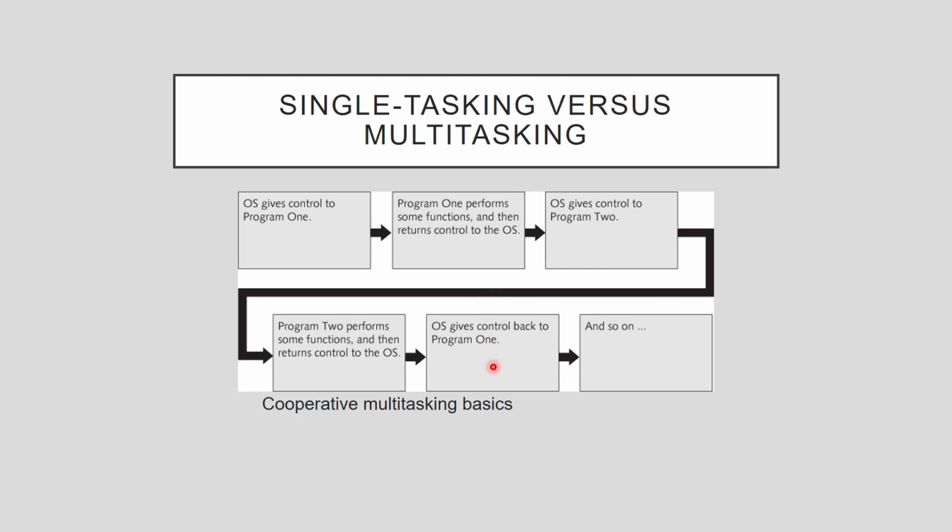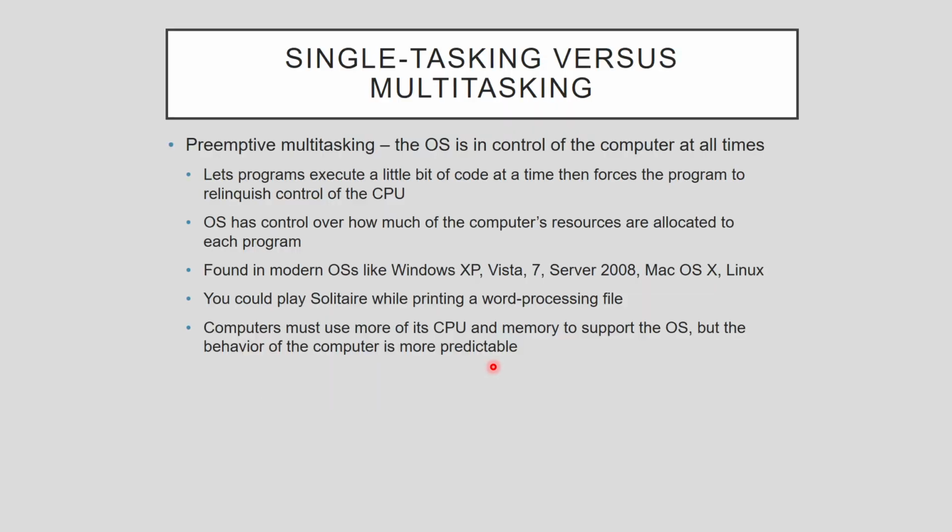And a better method is the second alternative, which is preemptive multitasking. Now, modern operating systems developed since the early 2000s use preemptive multitasking. And these systems include all Windows operating systems since Windows XP, along with Mac OS X, and all Linux or Unix variations.